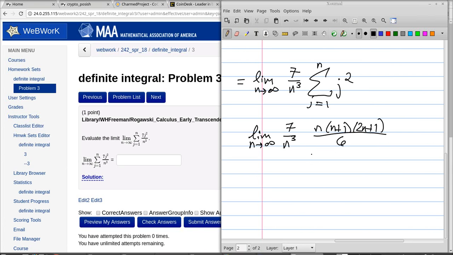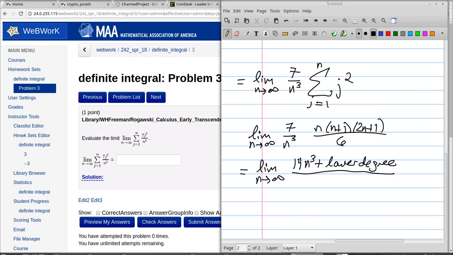All right. So now I'm going to use this trick, which is that you have a cubic polynomial in n on top, a cubic polynomial in n on the bottom. The leading coefficient on the top, if you multiplied all this stuff out, would be 14, and the coefficient on the bottom is 6. So you've got the limit of 14 times n cubed plus lower degree stuff, who cares.